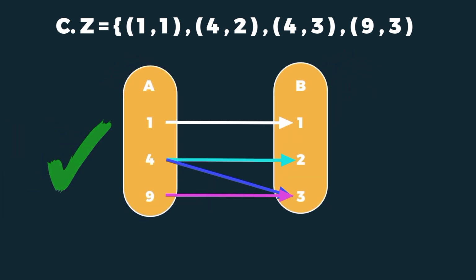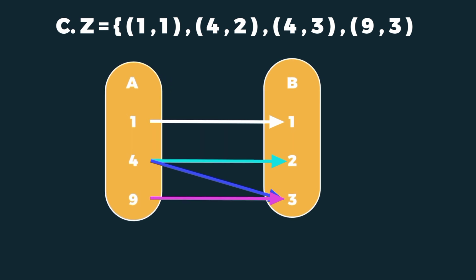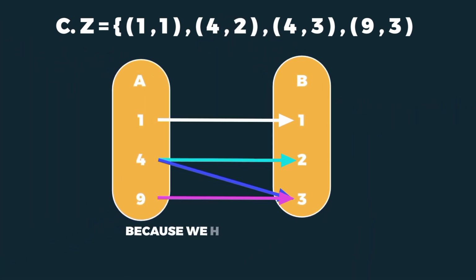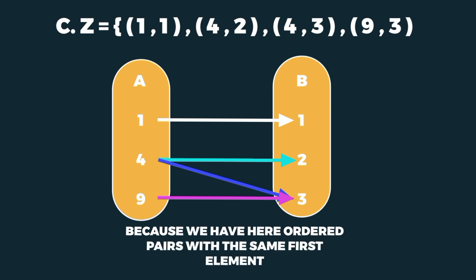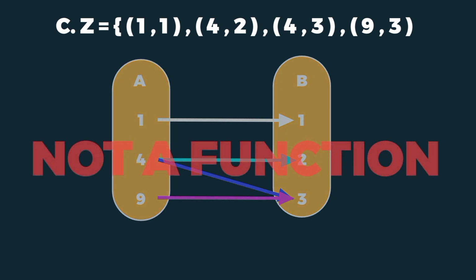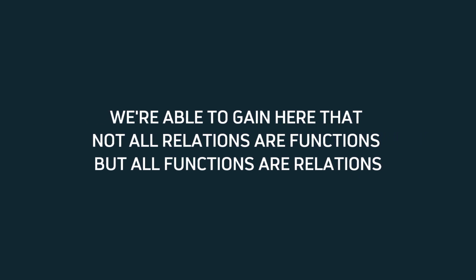So check for the first property because all the elements of A have a pair. How about the second property? It doesn't satisfy the second property because we have ordered pairs with the same first element. That's it for example A. We were able to gain here that not all relations are functions, but all functions are relations.